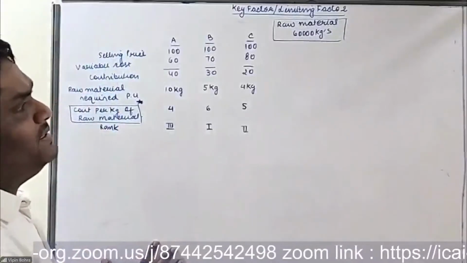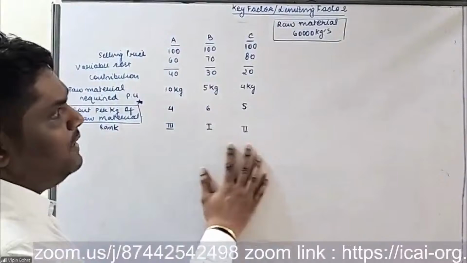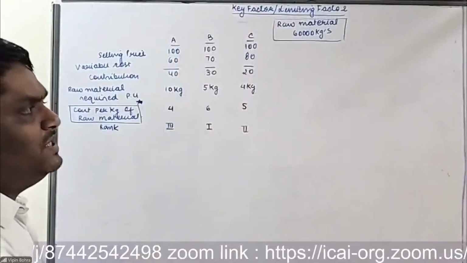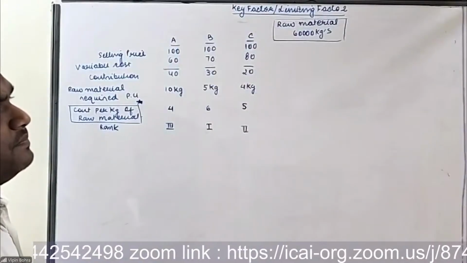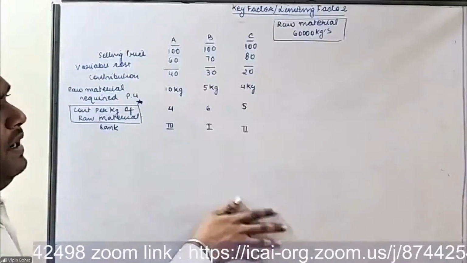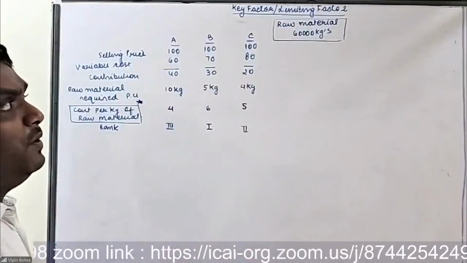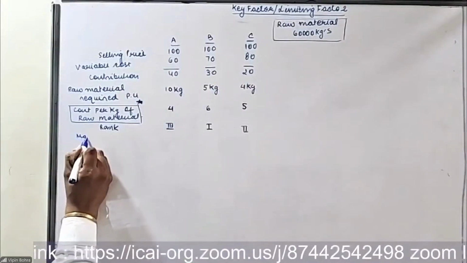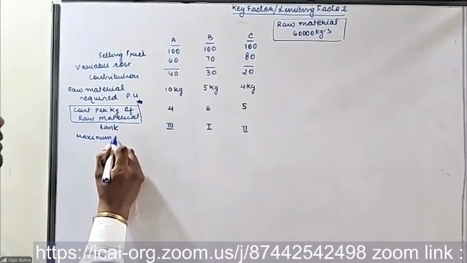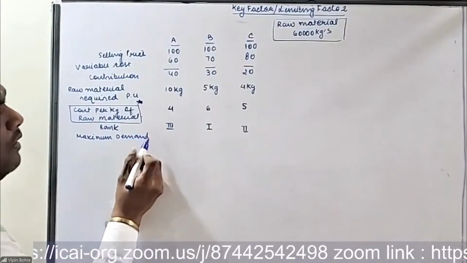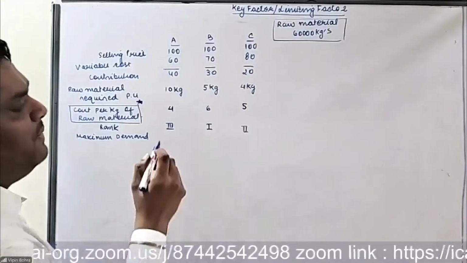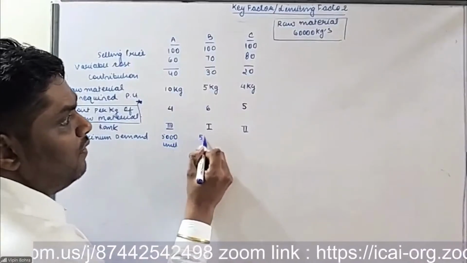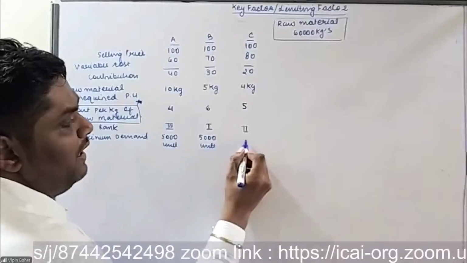So the point is, if all the products have unlimited demand, then it is advisable to manufacture product B. But let's take a situation wherein the maximum demand is given, that is 5,000 units for each product.